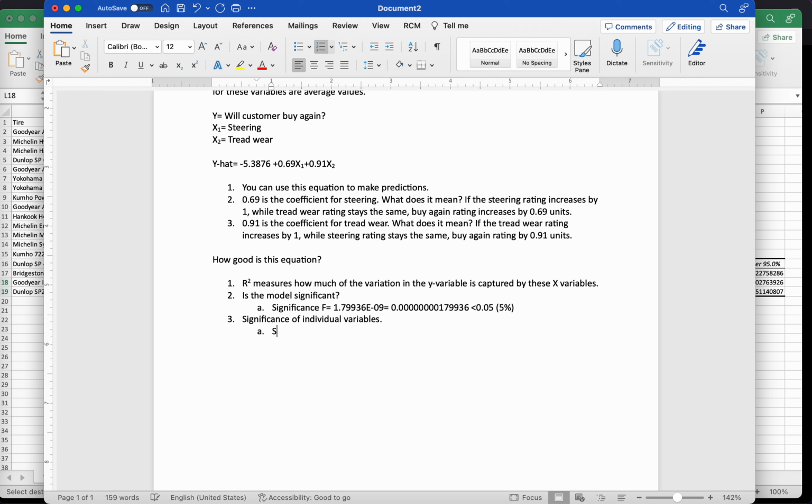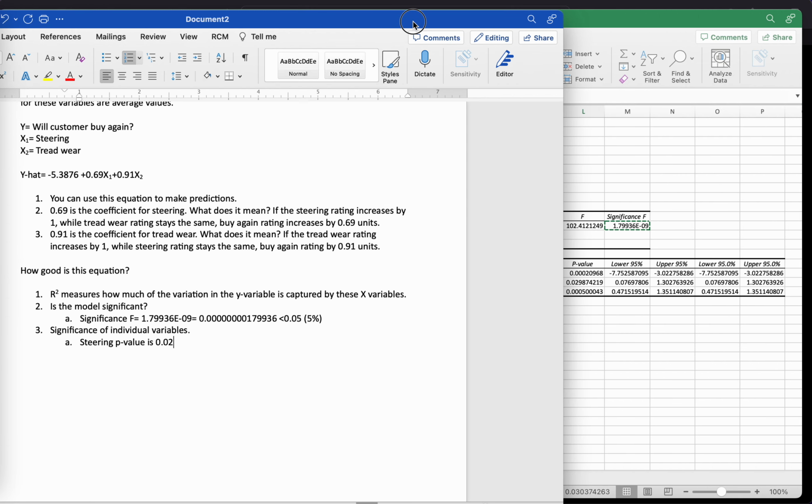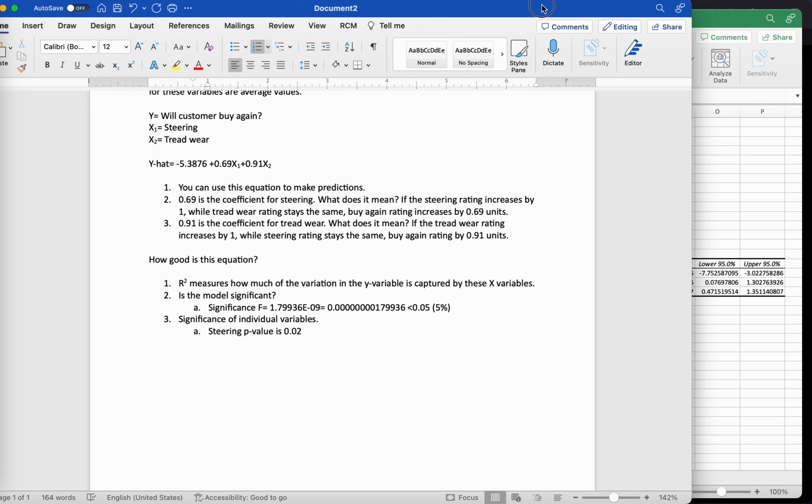So for steering, the p-value is 0.02987, which is less than 0.05. So the variable is significant.